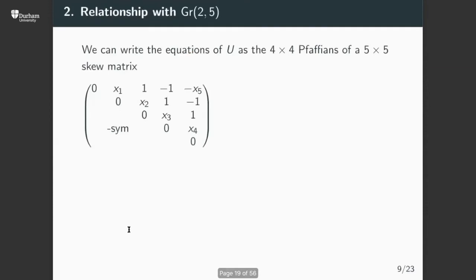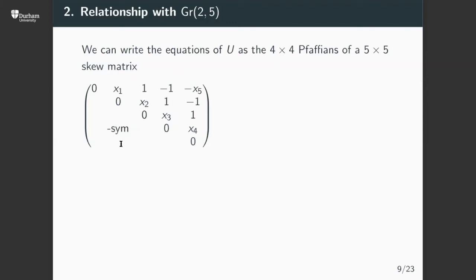Now let me tell you what the connection with the Grassmannian is. We can write the equations of this del Pezzo surface in terms of Pfaffians of a skew-symmetric matrix. The Pfaffian of an anti-symmetric matrix is essentially the square root of the determinant in some way, and there's a formula to calculate it, similar to the one you have for the determinant.